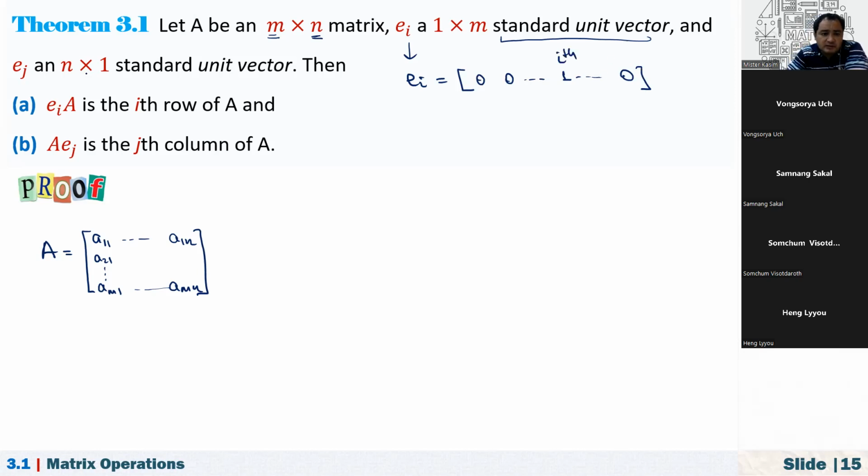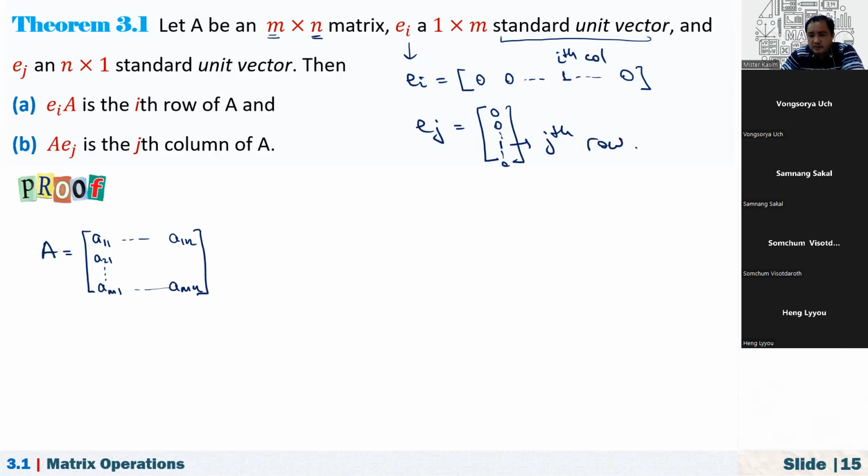And the second one is e sub j. Here we are denoting the n by 1 standard unit vector, so this e sub j is a column vector. Here we have 0, 0, dot, dot, 1, dot, dot, 0, and the 1 is in the j-th row.